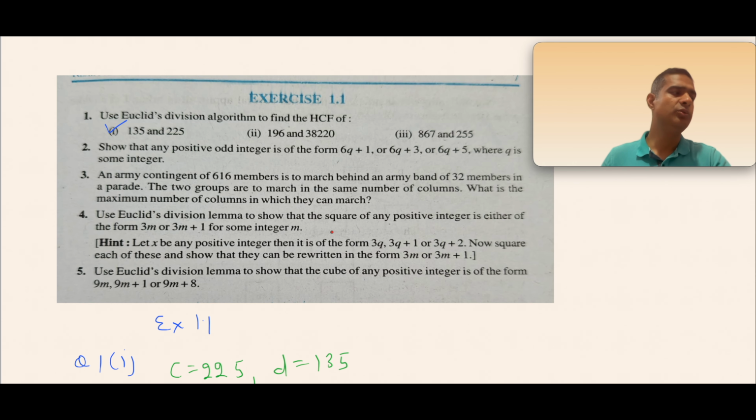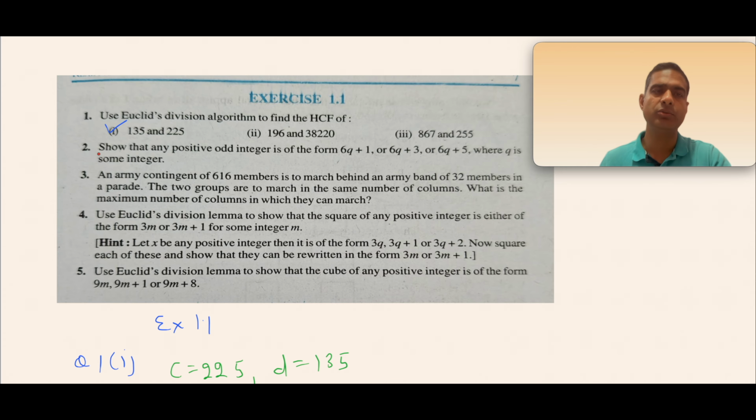Now we use Euclid's division lemma or division algorithm to understand the properties of real numbers also. So let's try question number 2, applying Euclid's division algorithm or lemma to understand the properties of real numbers.